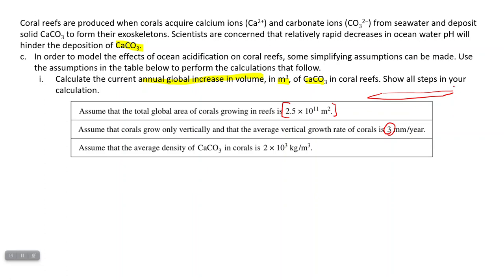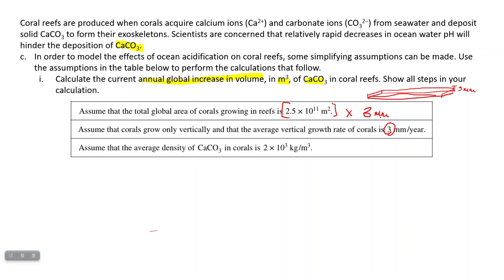So that means in a year, I would add 3 millimeters to this. If I take my 2.5 times 10 to the 11th meters squared and multiply it by my 3 millimeters, that would basically give me a volume. And that would be the volume in meters cubed of my increase in coral.